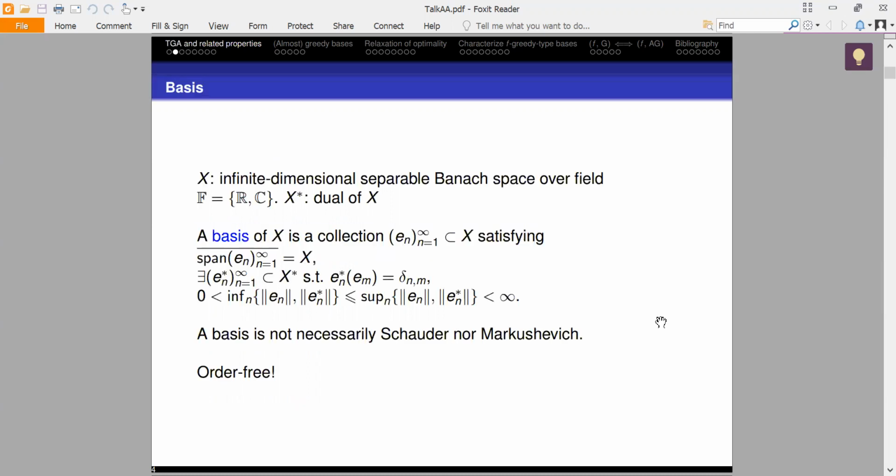So here is a setup. Let X be any separable Banach space, infinite dimensional, over the field F, the real or the complex numbers.